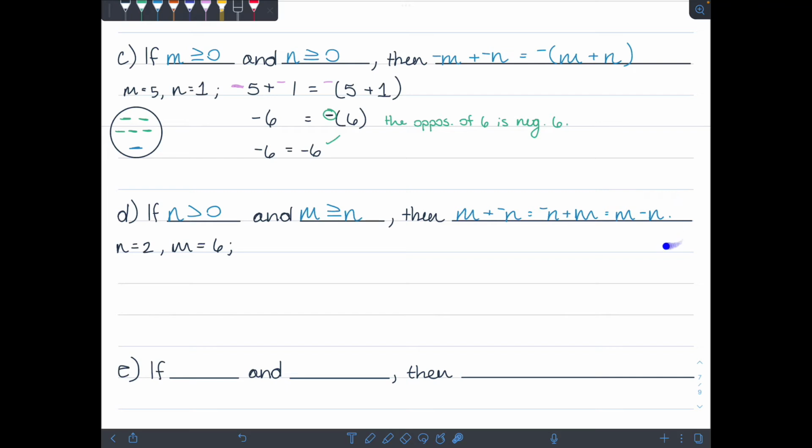With those two satisfied, let's see this definition. So 6 plus negative 2 should be the same as saying negative 2 plus 6, which should also be the same as saying 6 minus 2. Well, you know what 6 minus 2 is, right? It's just 4.